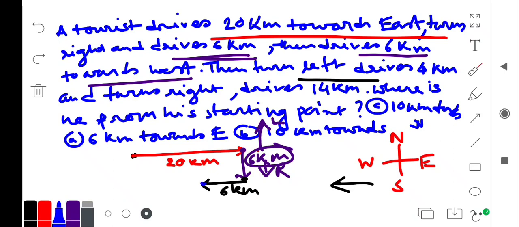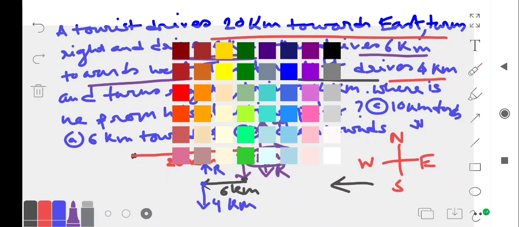Suppose in that position is there, so in this side right, in this side left, so he go this side and go left 4 kilometer. 4 kilometer. Okay, 4 kilometer.